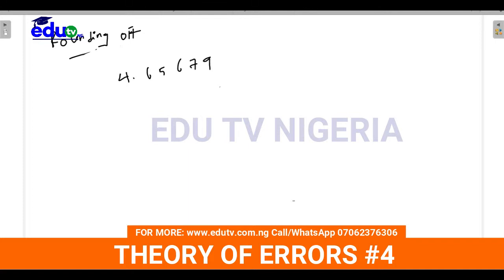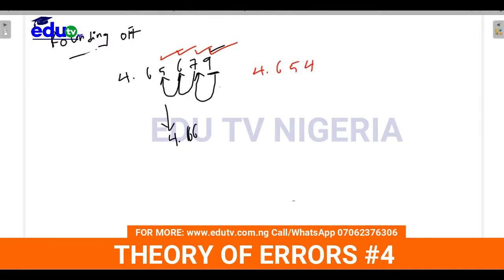I take it to 3 significant figures. So this adds 1. No matter what, it's still greater than 5. So it adds 1. This adds 1. So you have 4.66. These figures are greater than 5, so they can be rounded off. Remember, if the figure is less than 5, like 4, it is out, and we have 4.65.